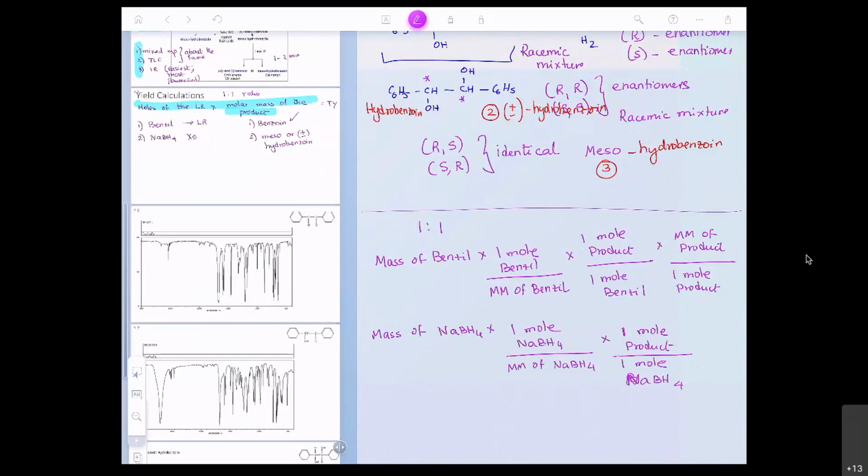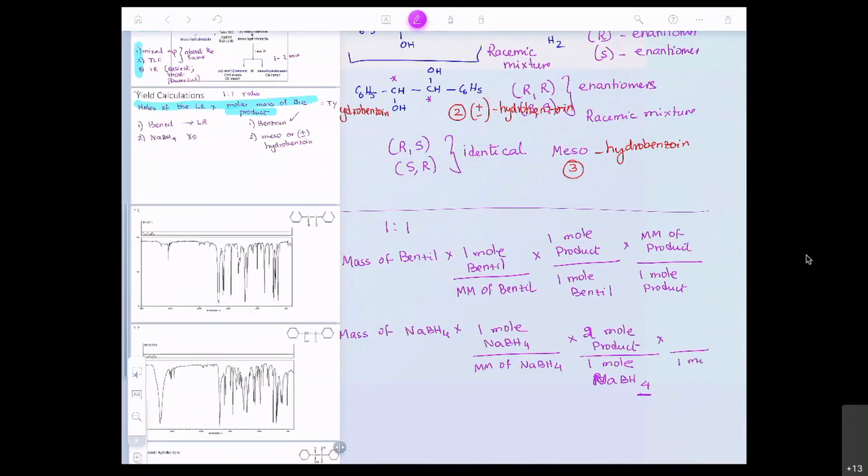You can actually reduce 2 moles of the product, not 4, because each mole has 2 carbonyls. Each carbonyl will use a hydride. So there are 4 hydrides. You can use 2 moles of the product. So the ratio is 1-to-2 here.